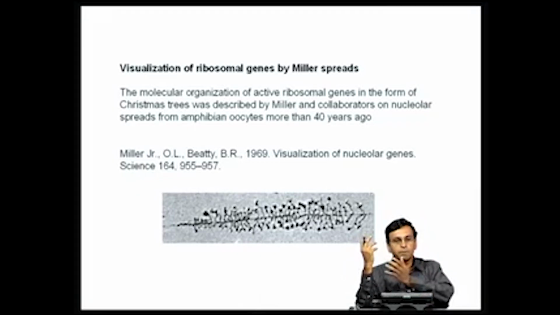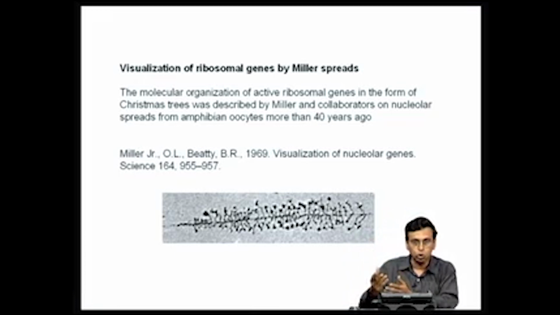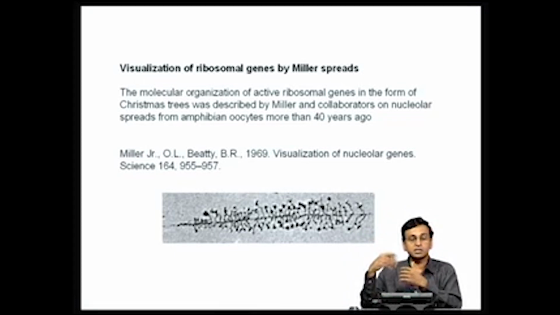Therefore, if the cells have to make large amounts of proteins, they need large amounts of ribosomes. That means the RNA transcription has to go on at very high levels, and depending upon the physiological status of the cell, metabolic status of the cell, and the cell cycle, the RNA transcription is very finely regulated.